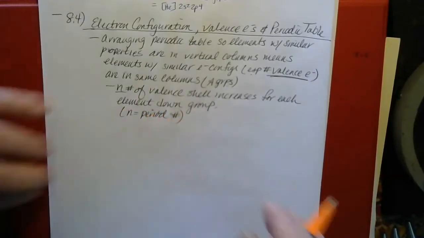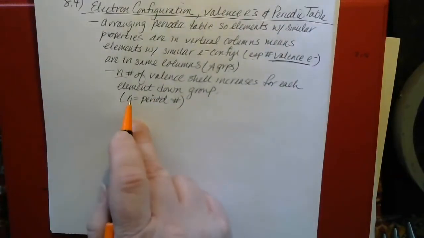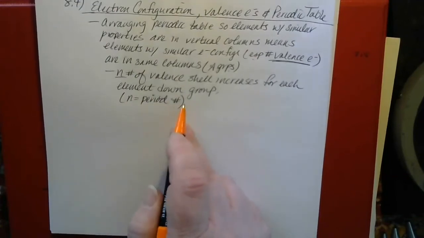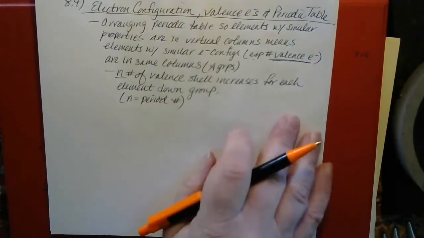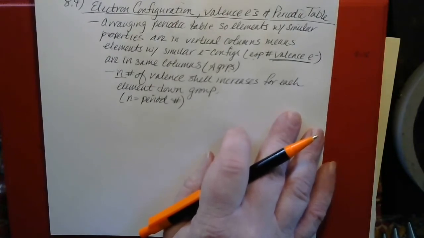And of course, we've heard before that the number of the valence shell is just the period number in the periodic table. Some periodic tables have the numbers going down the left-hand side and some don't, but you can always number them yourself if you want to. So if it's an element that's in the fourth row down, then that just means that n equals 4 is the valence shell.